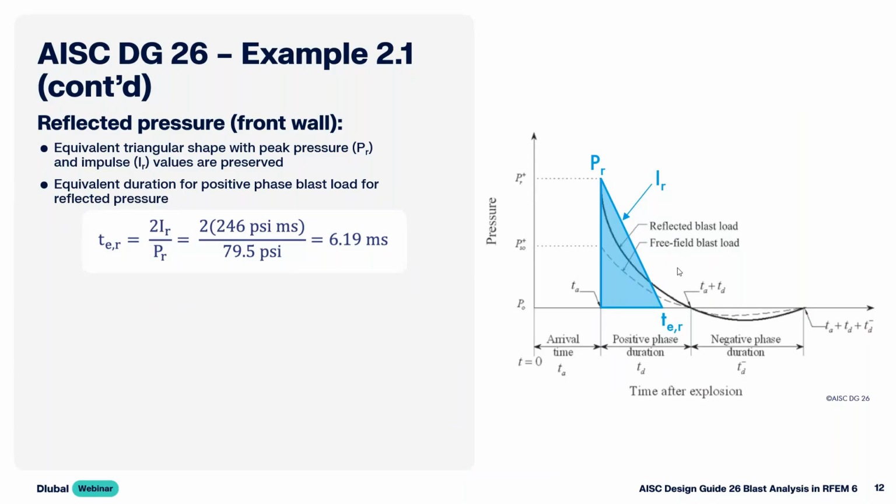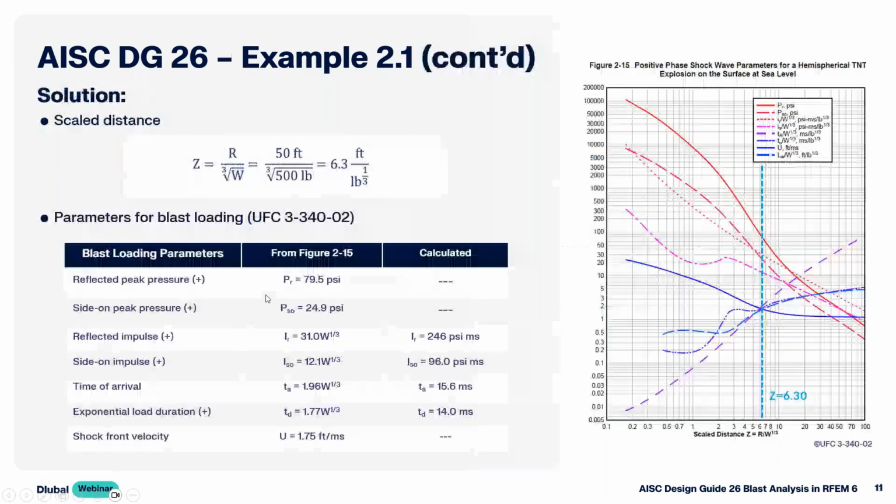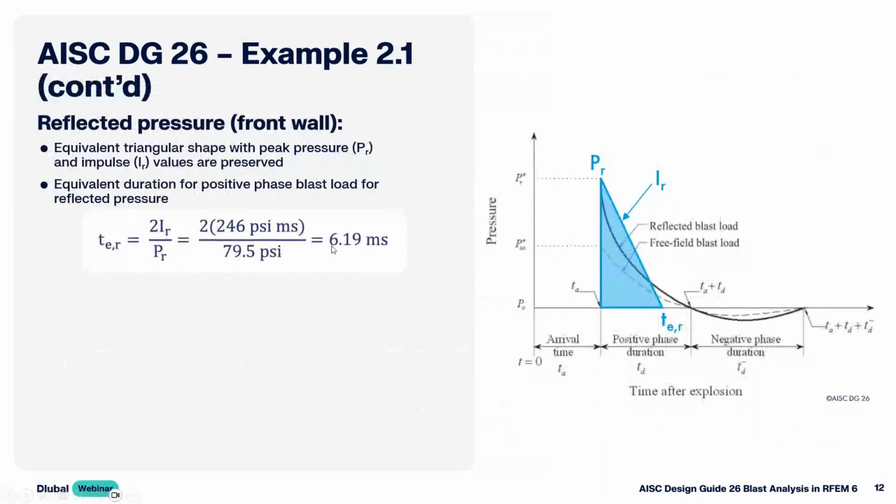So if you remember a couple slides back, we don't know what this equivalent duration is, but we have a pretty simple formula for this. And we just simply input the impulse and the pressure. This information was given to us directly in Figure 2-15 that we determined here on the previous slide. So we take these values, input them in, and now we get a time duration of 6.19 milliseconds.